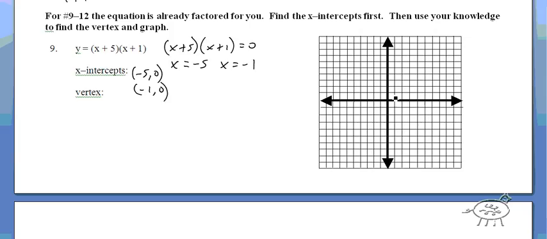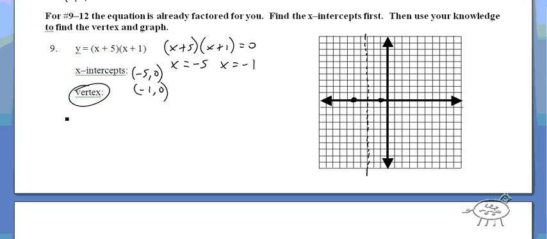So let's plot these points. Here's negative 1, 0, 2, 3, 4, 5. Here's negative 5, 0. Now you guys should remember that the vertex is going to be somewhere on the axis of symmetry, right? It's in between, so that's really important.